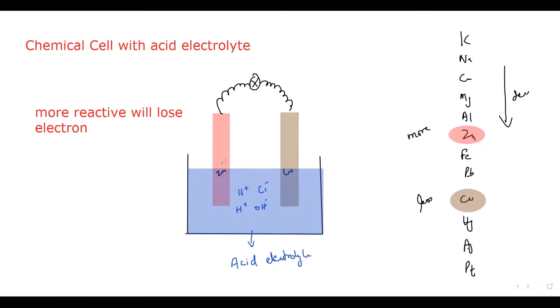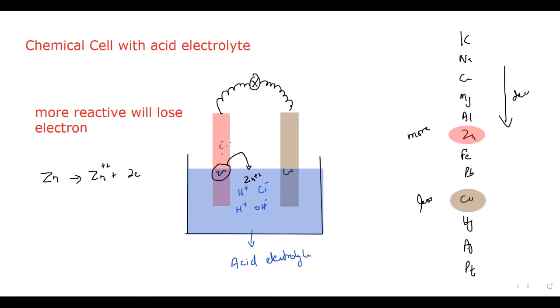So in this case, zinc will lose electrons first and turn into zinc ion. What will be the equation for the change in the zinc? The zinc atom turns into a zinc ion by loss of 2 electrons. Because oxidation is a loss of electrons, we call that oxidation.